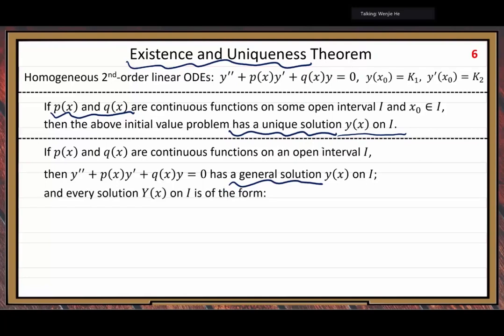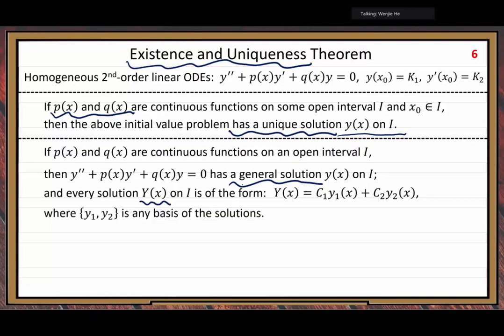Every solution, capital Y, on I is of the form of a linear combination: capital C1 times the Y1 solution plus capital C2 times the Y2 solution, where Y1, Y2 is any basis of the solutions.